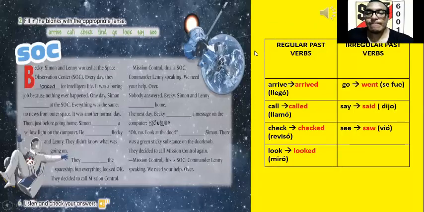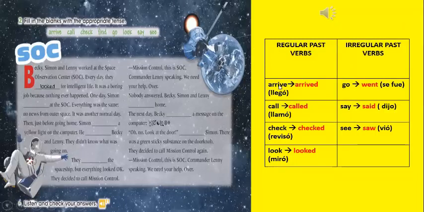Track 21, SOC. Becky, Simon, and Lenny worked at the Space Observation Center, SOC. Every day, they looked for intelligent life. It was a boring job because nothing ever happened. One day, Simon arrived at the SOC. Everything was the same.